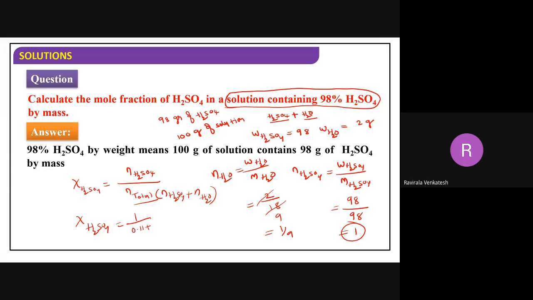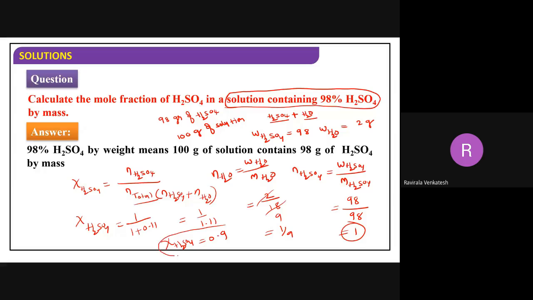Plus H2SO4 is 1. So 1 plus 0.11 is 1.11. So 1 by 1.11 is equal to 0.9. So the mole fraction of H2SO4 is 0.9.